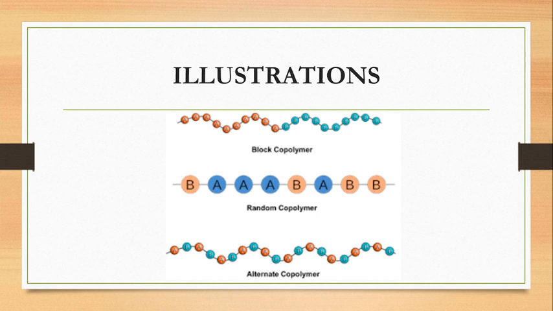From the first one, I want us to practice something. What type of block copolymer is this one? Can somebody try to mention what type of block copolymer this first one is? Is it a diblock, triblock, or what type of polymer is this one?